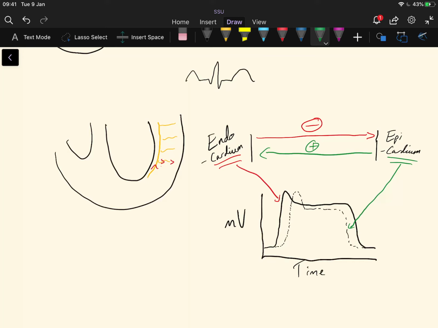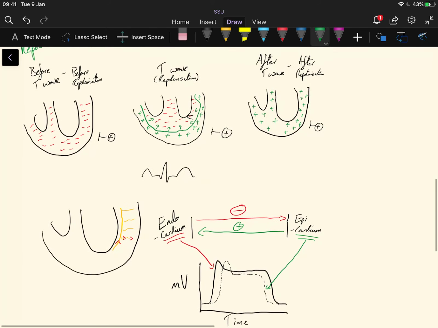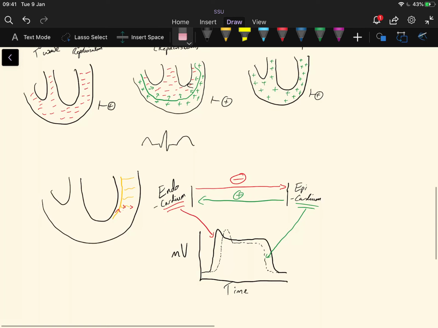So it pretty much explains fully why repolarization in the T wave moves from outside in, because the first cells to repolarize are the epicardial ones and the last ones are the endocardium, and vice versa for depolarization. So hopefully that all makes sense to you.